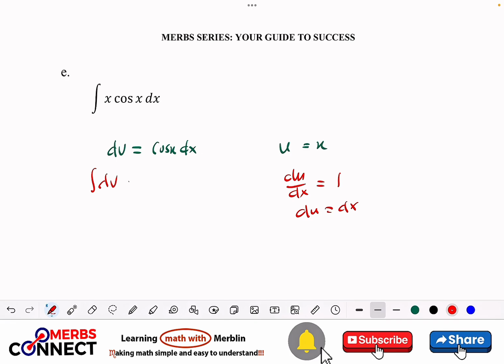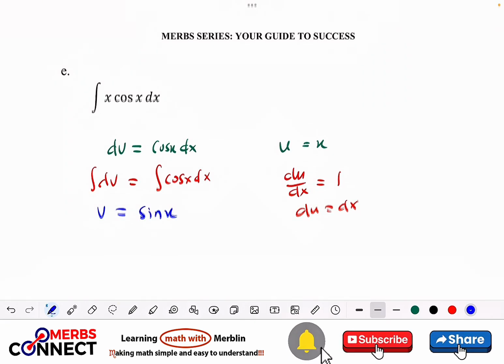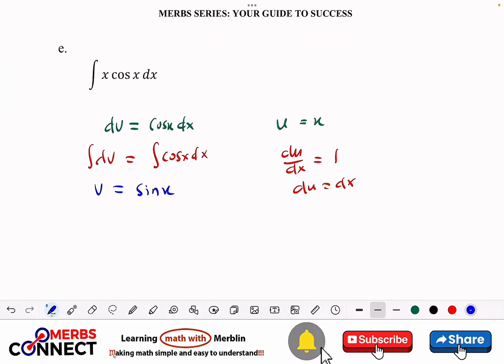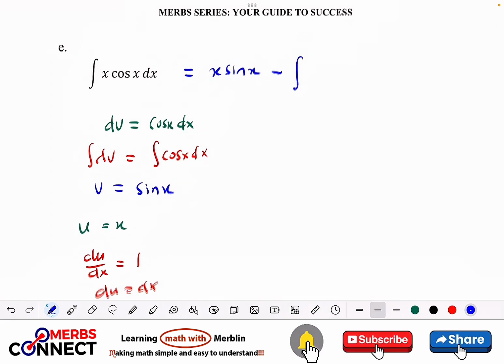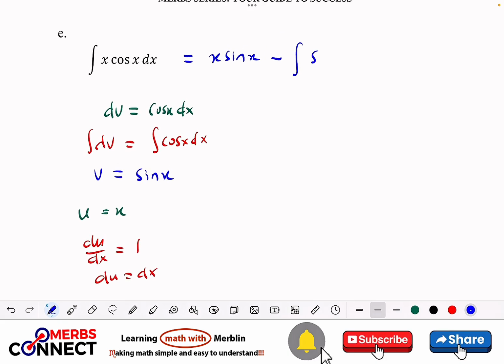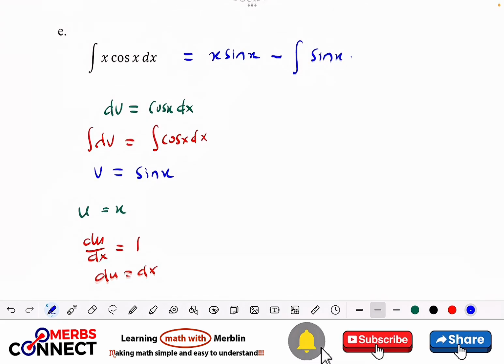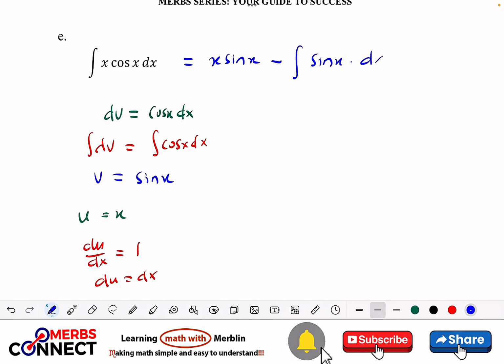Let's find v here. So you see that we follow the same procedures, right? So v should be equal to, when I integrate cos, I get sine x. So this is going to be giving us something like this. u times v, so I'm going to have x sine x minus integral of v, which is sine x, times du, which is dx.